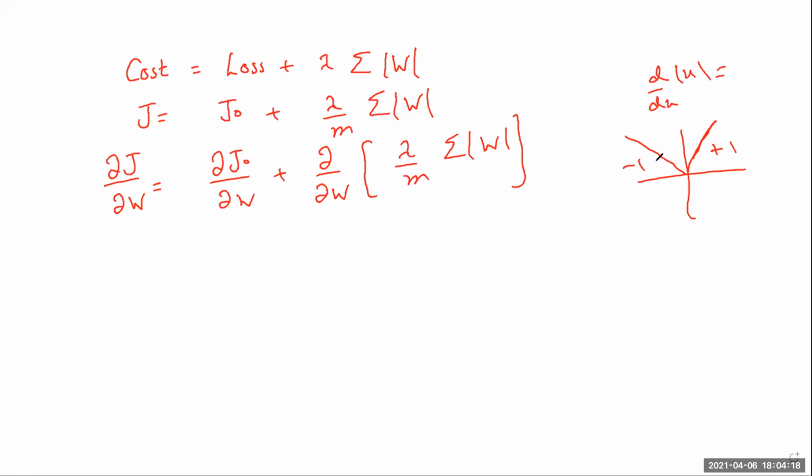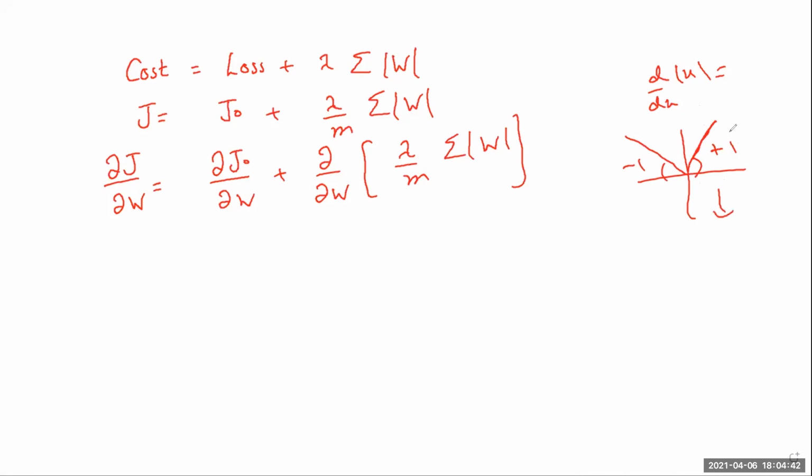So it does not have a single value of derivative. If X is positive, the derivative is +1. If X is negative, the derivative is -1. You can see this is 45 degrees, this 45 degrees. So the derivative of mod of X is +1 or -1, depending upon the value of X.